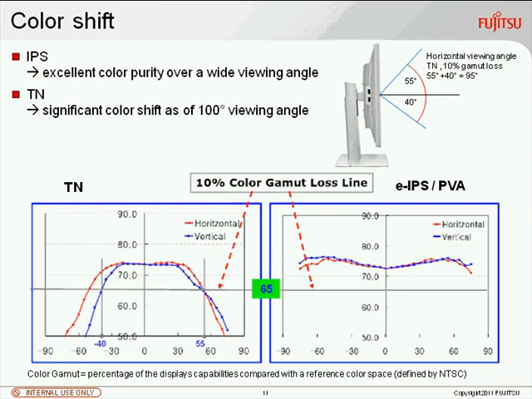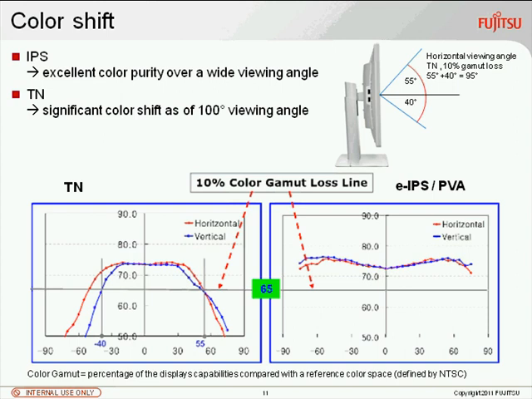And you see here, in the middle is 0 degree. What does 0 degree mean? You look at a right angle straight to the display. And if you go up and down and also to the side, this is the viewing angle, the deviation from the vertical viewing direction.